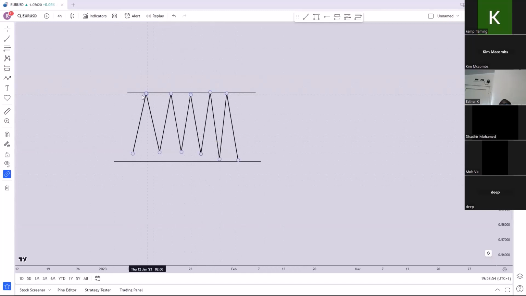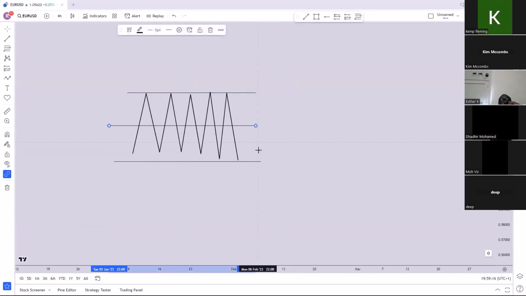Our premium is essentially where price is expensive, and our discount is where price is cheap. In between that, we have what is called our equilibrium, where price is neither expensive nor cheap. It's a fair price for the current pair that you are looking at.